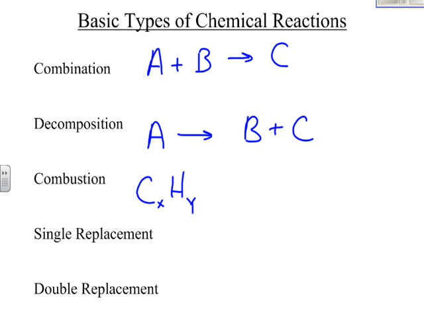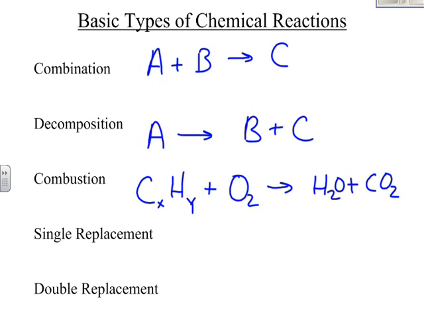Of course, sometimes they also can contain oxygen, but these are going to react with oxygen gas to produce water and carbon dioxide gas. Okay, so this would be a combustion reaction.